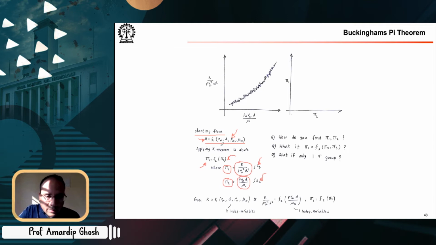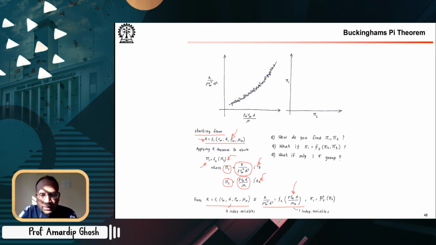So by applying it to the dimensional problem, where drag is a function of velocity, diameter, density and viscosity, we move from a problem with 4 independent variables to a problem that has just 1 independent variable.